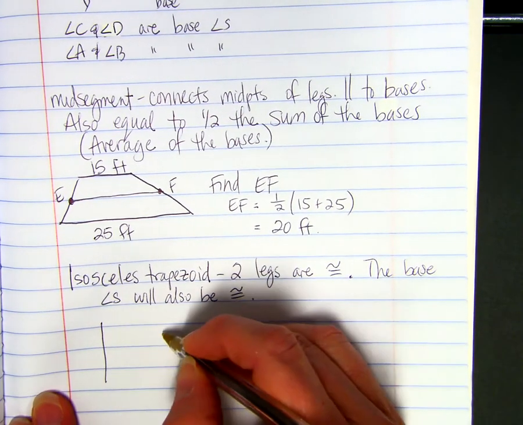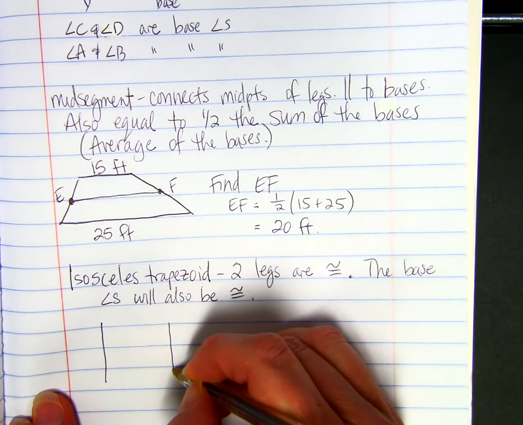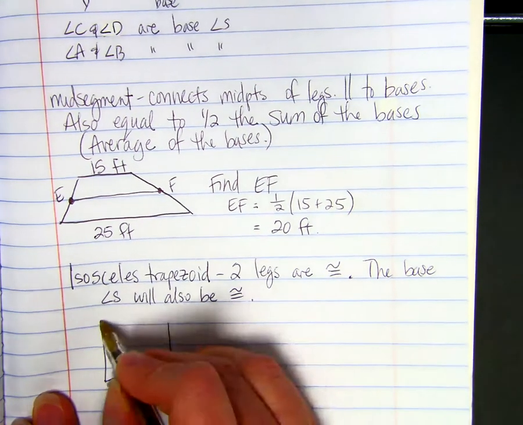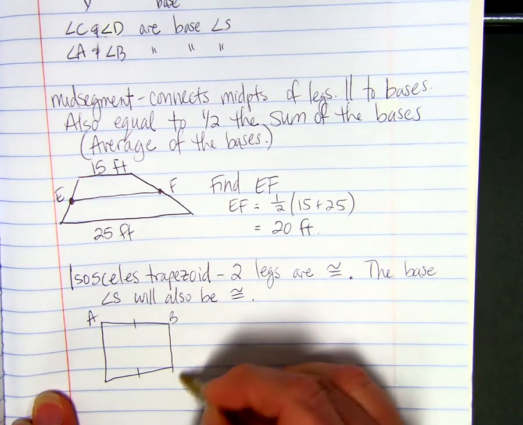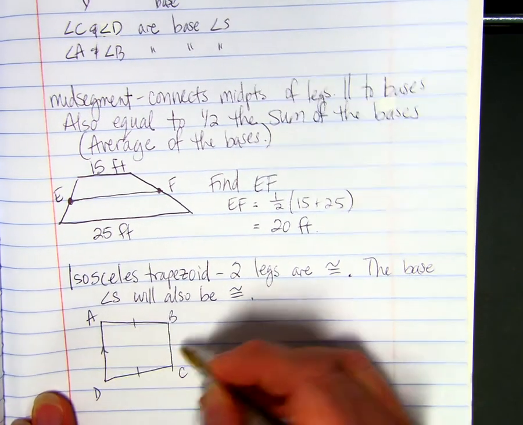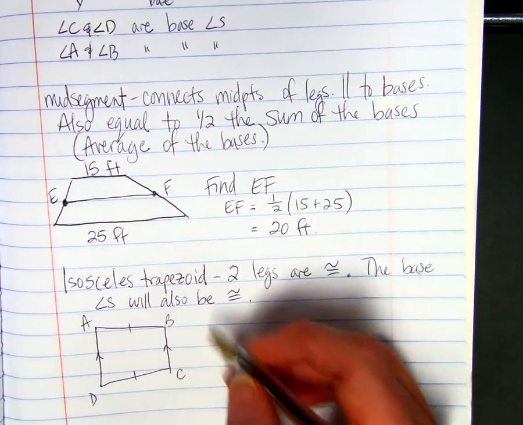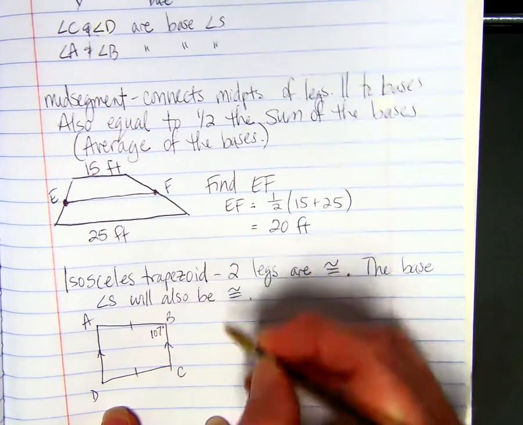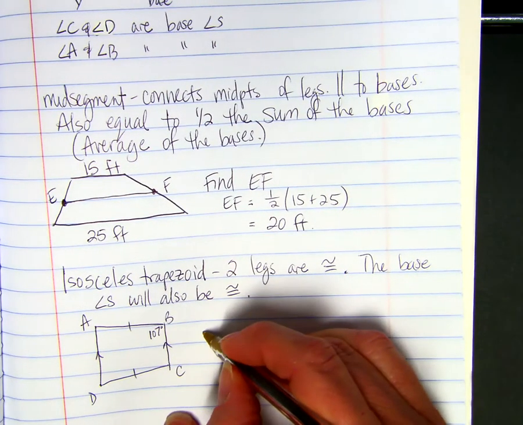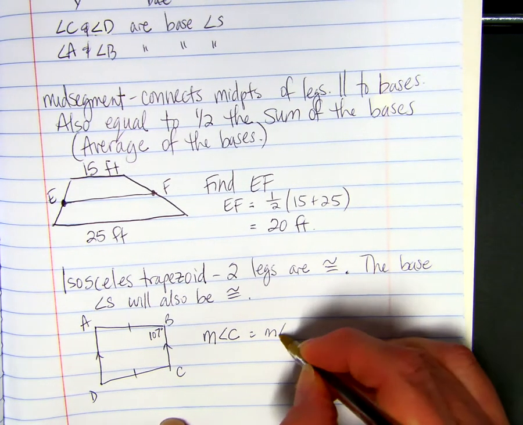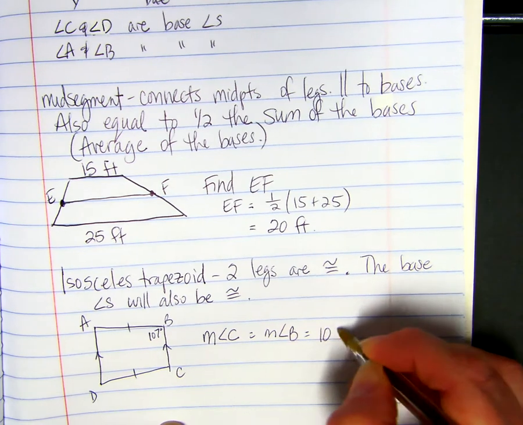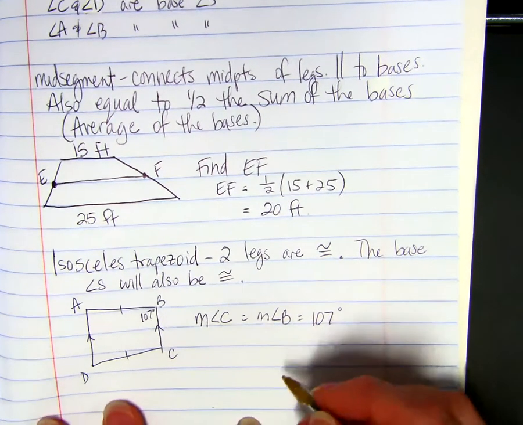So we have an example of an isosceles trapezoid. The measure of angle C will equal the measure of angle B, which is 107 degrees.